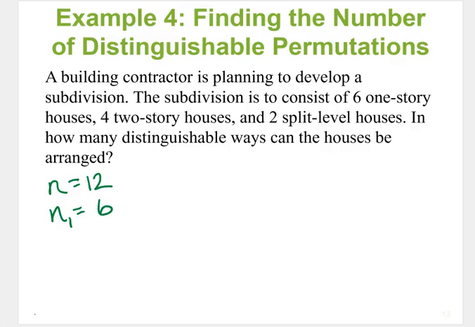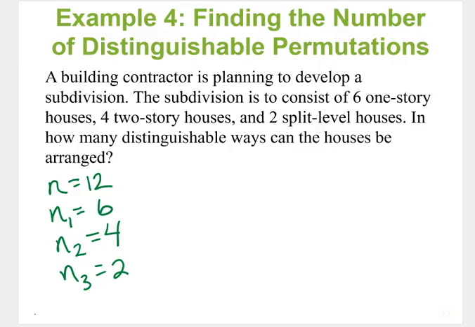They all look the same, but they're going to be scattered in different places throughout the subdivision. Our N2 is the 4 two-story houses, and our N3 is the 2 split-level houses. Those are going to be the same, but again, we're going to put them in different places.